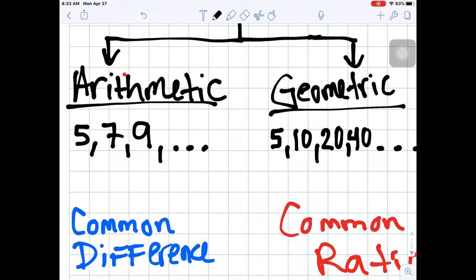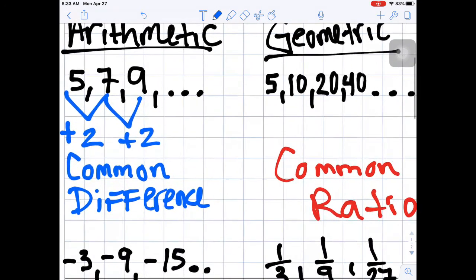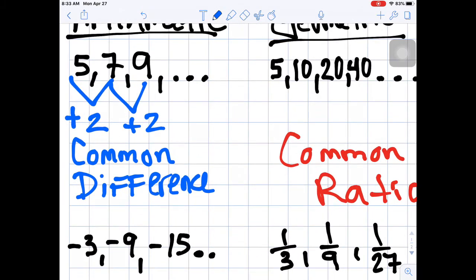So let's look at what arithmetic really encompasses. It grows or it decreases, but in this case, it's growing. So to identify the sequence or what this is going by, we find the common difference. In other words, it's going by 2, so they call these the common difference.